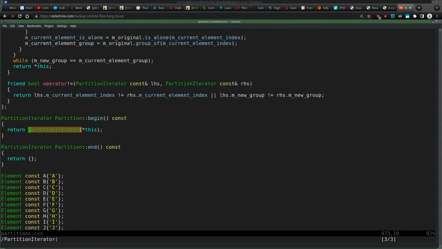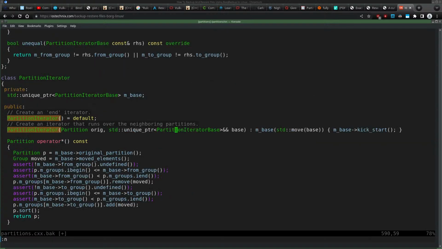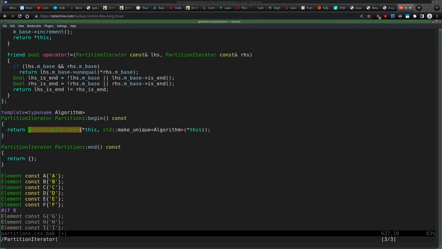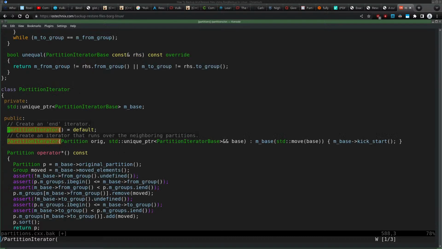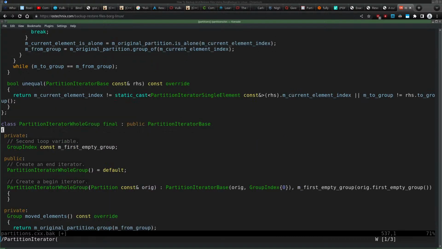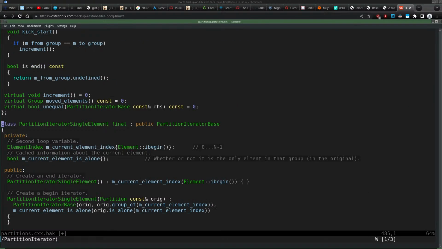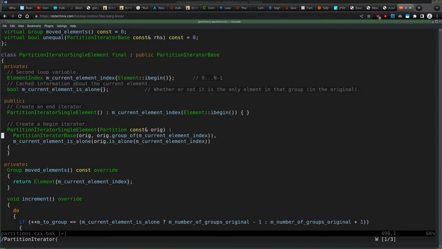This is not the file I want to be in. Next. This is the file I want to be in. We call this, we pass a unique pointer to a just created algorithm, which gets us here. And the algorithm thing is this one. And it does call group of.